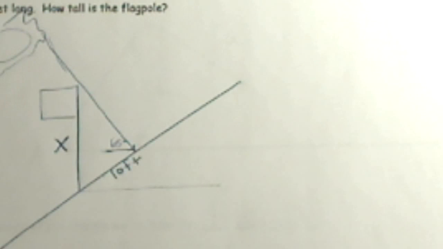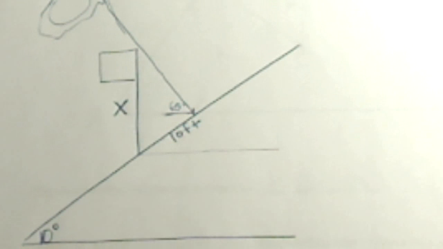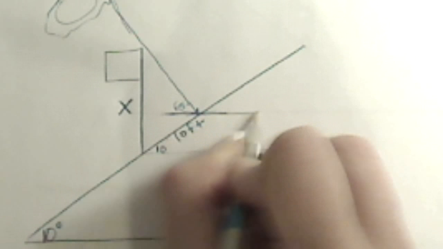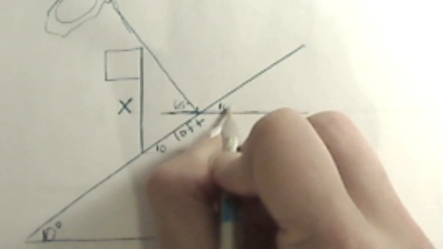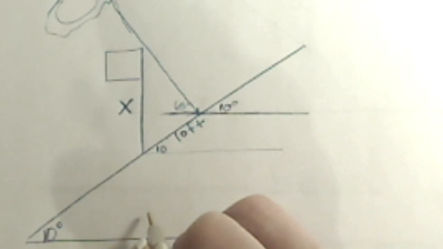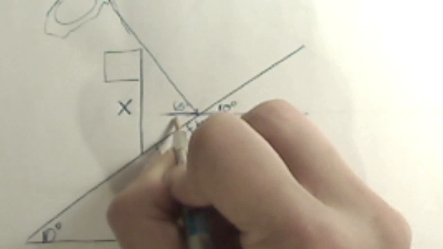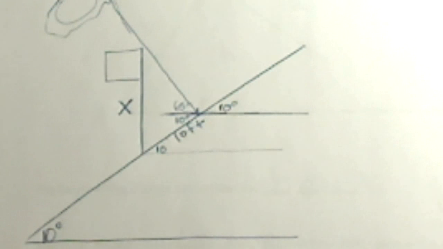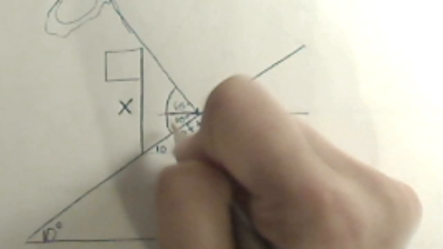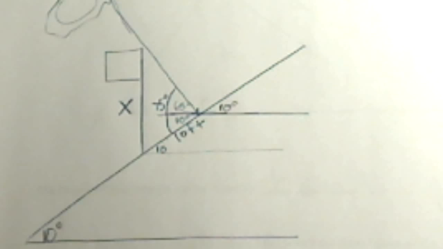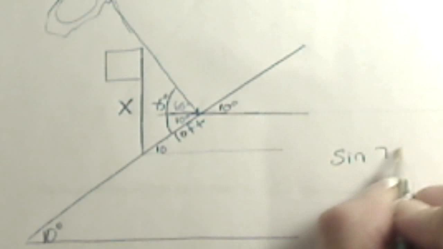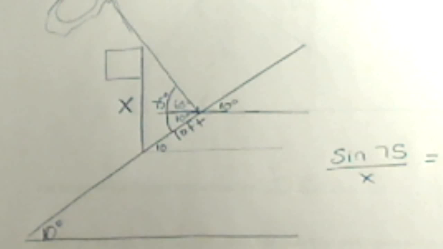Again, my corresponding angles from the bottom angle being 10 degrees, I know this angle is 10 degrees. And I know this angle is 10 degrees, which means all these corresponding angles being equal, also the vertical angles are equal. So now I have a 75-degree angle here inside the triangle. So part of my law of sines is sine of 75 over x.